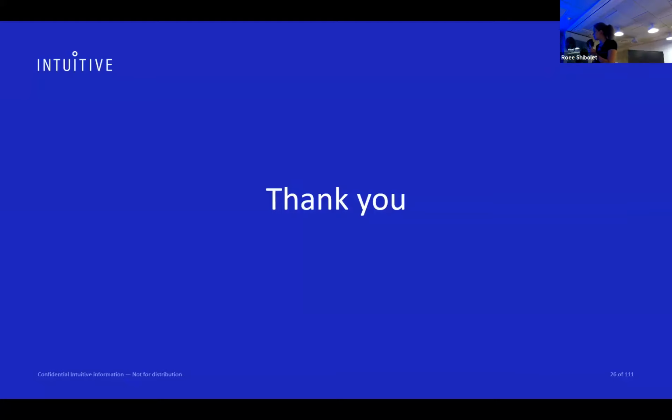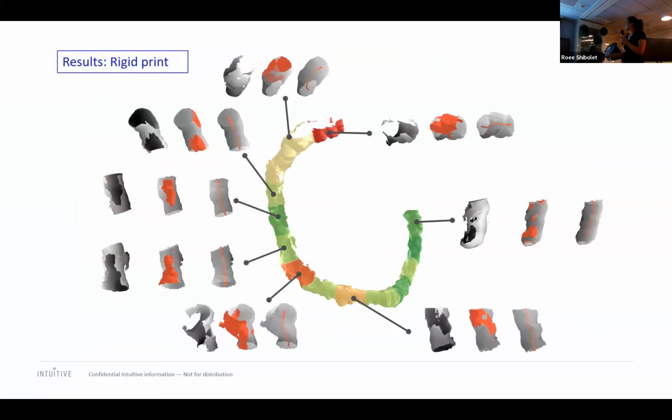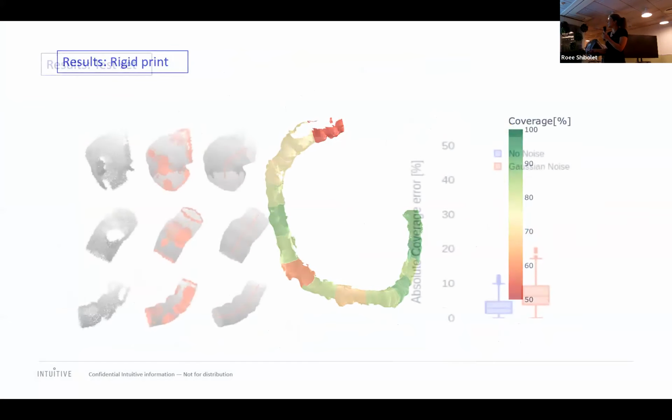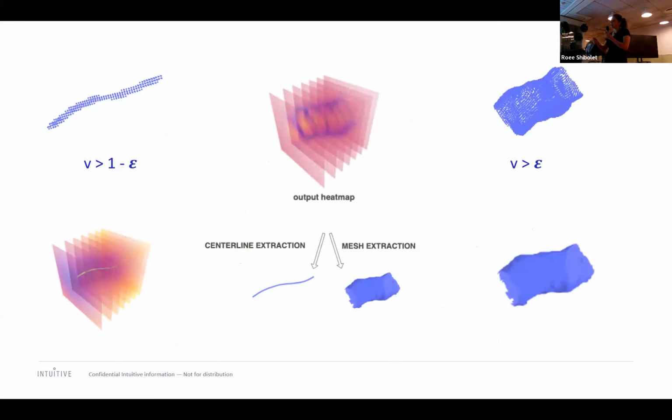Yes, okay. That's a good question. So there are differences if we run it online or offline, like at the end of the procedure. But basically, our network outputs this heat map. So what we do is we get all the heat maps and we merge them all together.